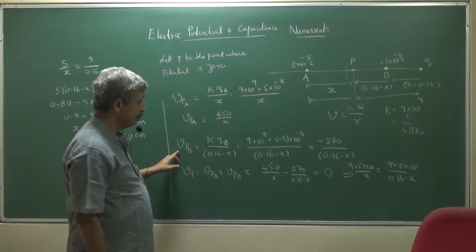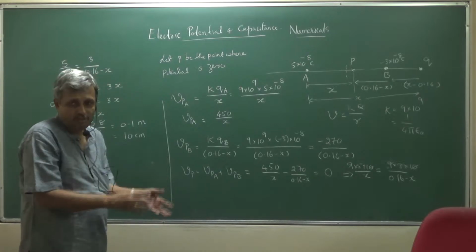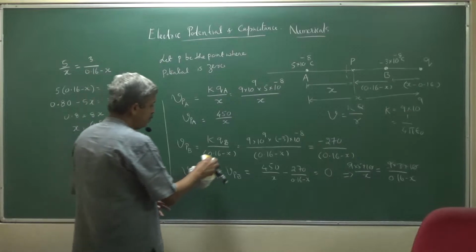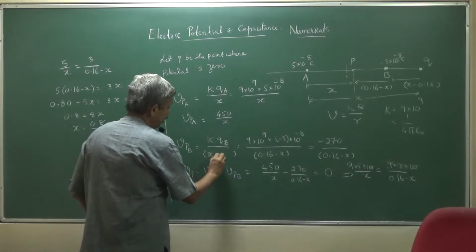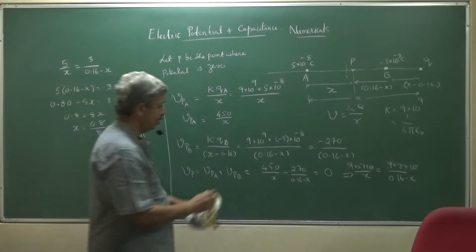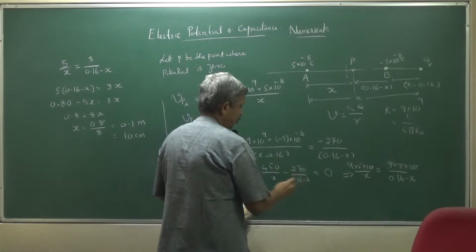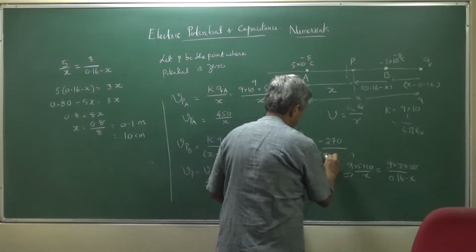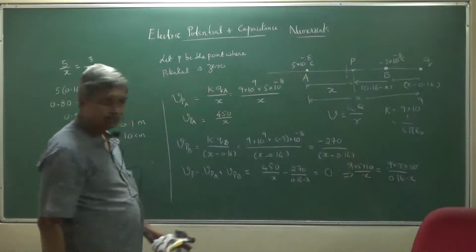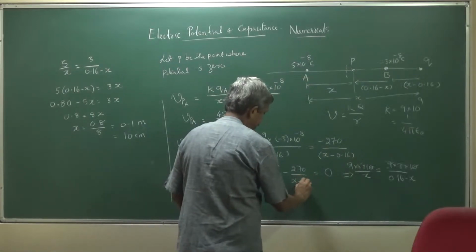Okay. And here instead of 0.16 minus x, I'm going to alter it just to show you how it will be in a similar way. So this will become x minus 0.16 instead of 0.16 minus x. This also will become x minus 0.16. So I'm just modifying the same thing just to show that it is exactly the same thing.